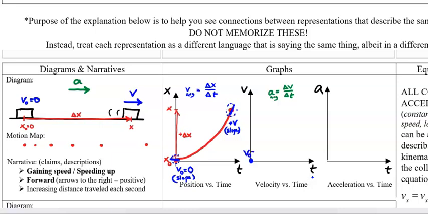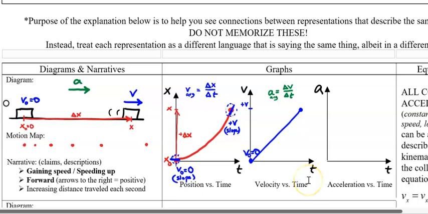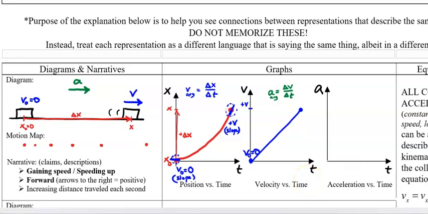So I can go ahead and plot this on the y-axis, v naught equals 0. And then our positive v at some later time. And that's going to be a straight line. I know it's a straight line because the slope of a velocity time graph is acceleration.